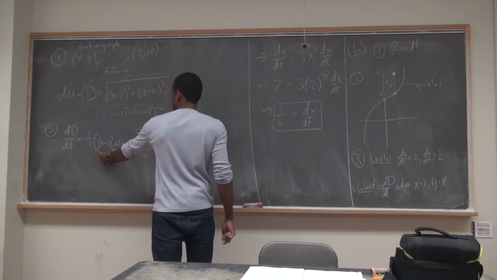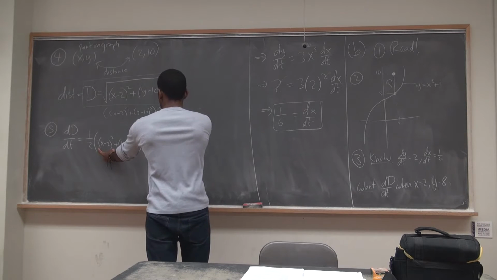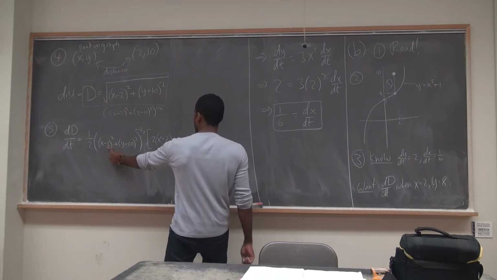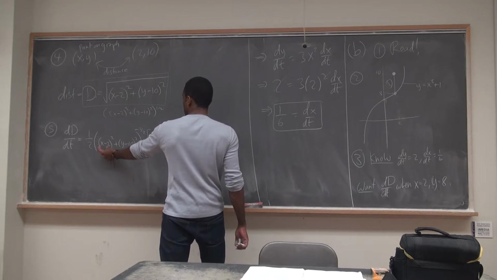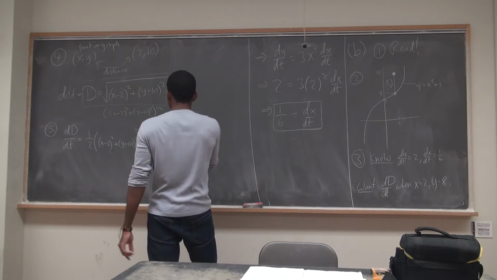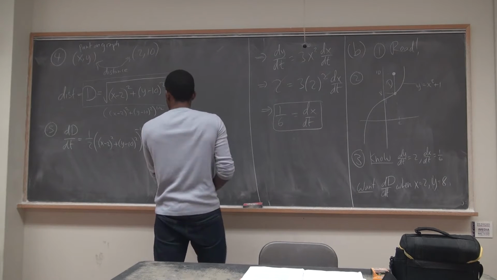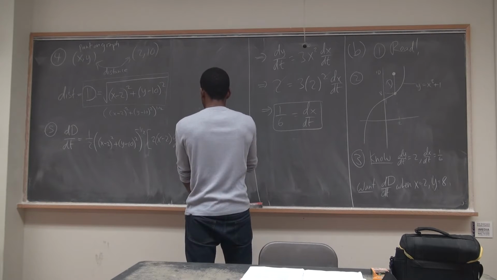I have to differentiate this, which is what? Times what? 1 minus 2. Chain rule again, right? You differentiate the outside, multiply by the derivative of the inside. What's the derivative of x minus 2? Nope, dx/dt. Don't forget, you're doing implicit differentiation. t is the variable. Plus 2 times (y minus 10) dy/dt.